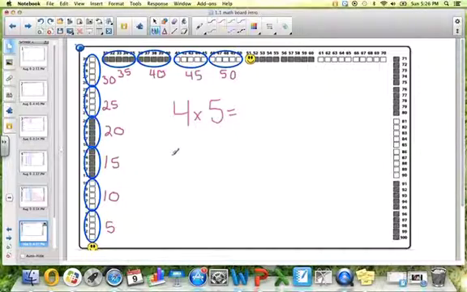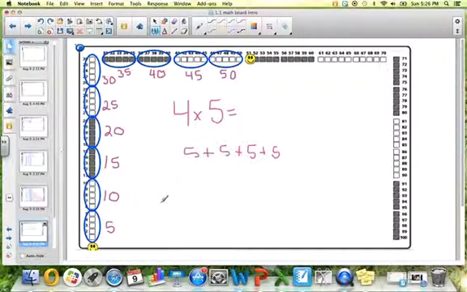So you could either add up, okay, because here's our 5. That's our group size. You could either add up 5 4 times, just like we had just done on the whiteboard, but that's a lot of work. So there's an easier way we can do it, and I love this way.